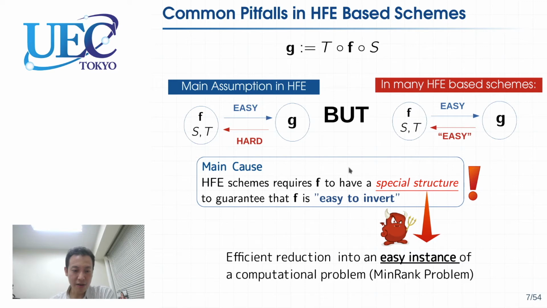The main cause, in general, is that SFE schemes require f to have a special structure to guarantee that it is easy to invert. But it is these special structures that become the culprit, because they enable efficient reductions into an easy instance of the MinRank problem.